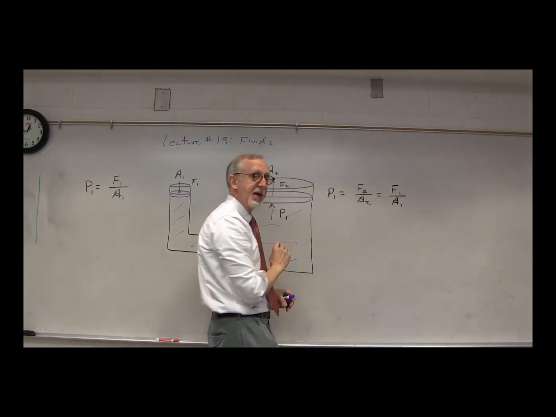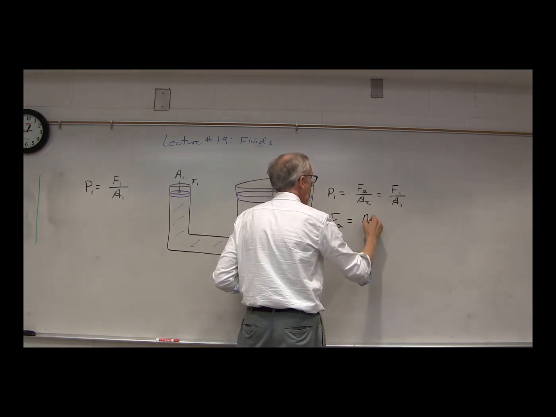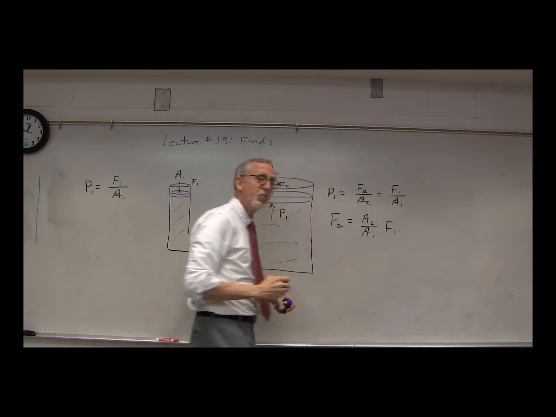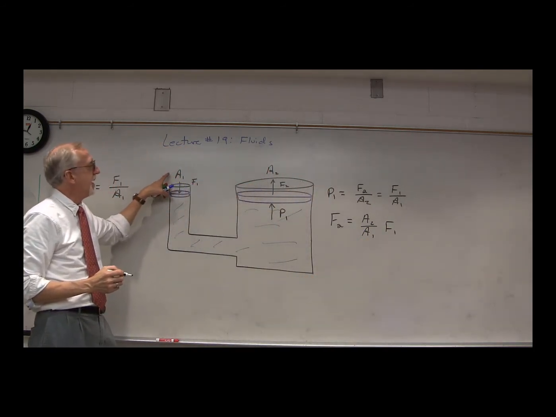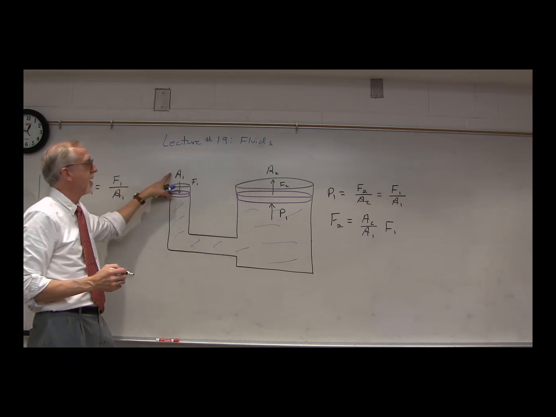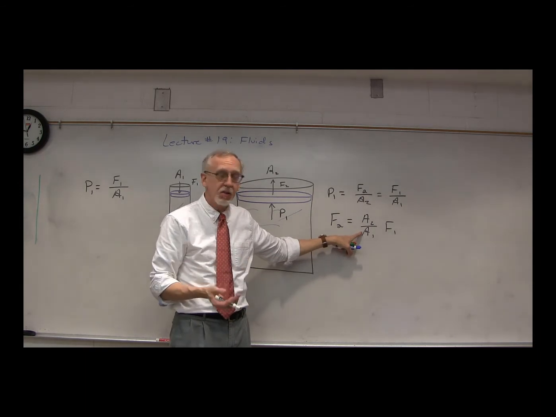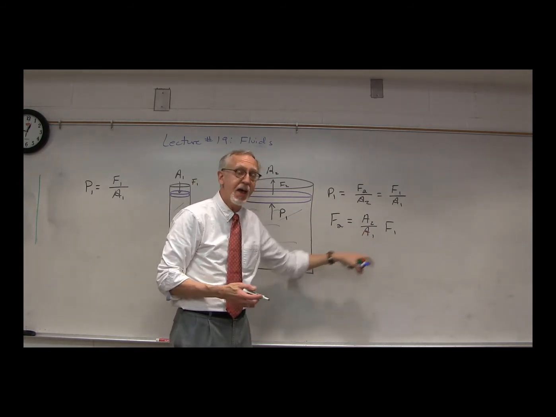Well, multiplying by A2, we know that F2 must equal A2 over A1 times F1. Now, notice we arranged this so that A2 was much larger than A1. Well, that means A2 over A1 is a very large number, which means F2 is much larger than F1.